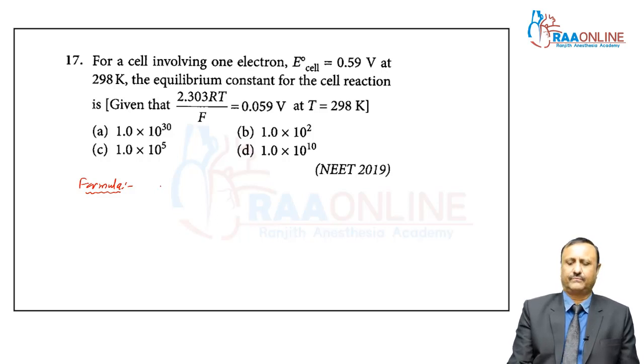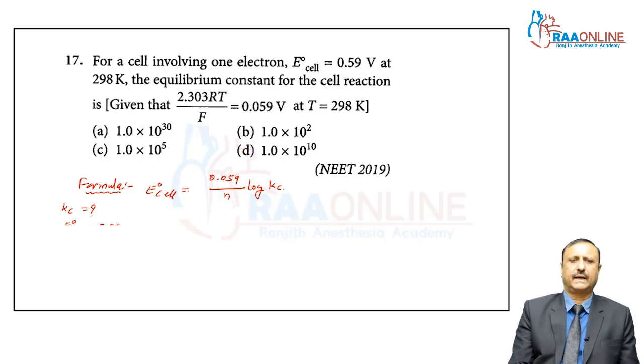My dear students, here the formula is E° cell equal to 0.0591 upon n log Kc. Here he wants the equilibrium constant Kc, and the value of E° cell is given, that is 0.59.